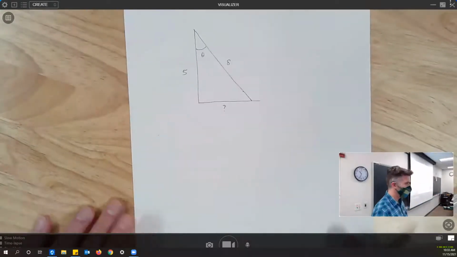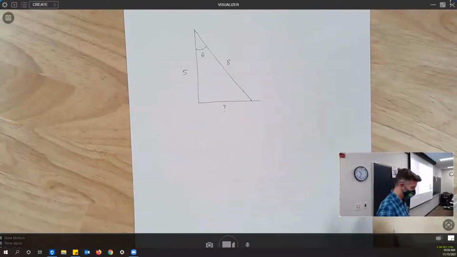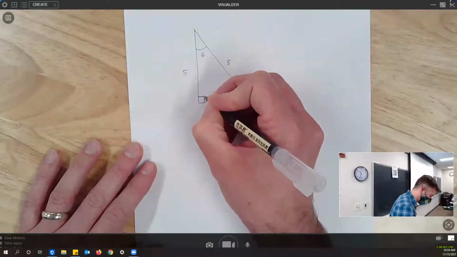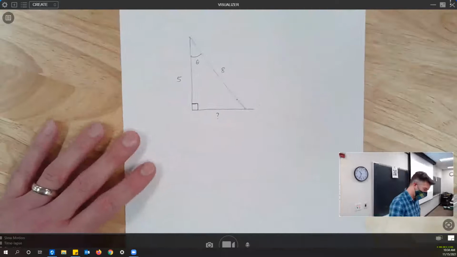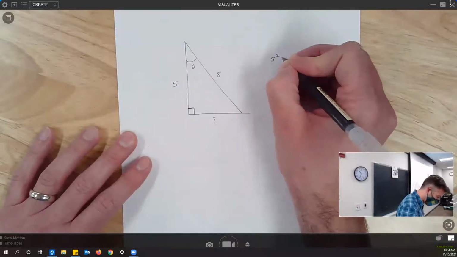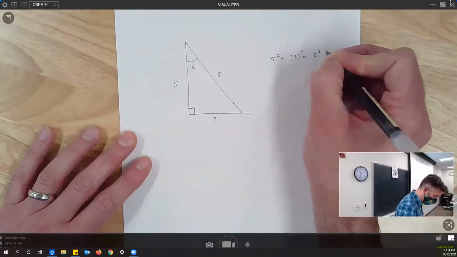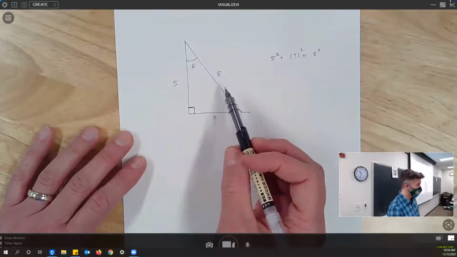We want to find all 6 trig functions of this angle. But before we can do that, we have to find the length of the unknown side. And I should make it clear that this is a right triangle by drawing the little square there. So let's find that third side. 5 squared plus the unknown side squared equals 8 squared, because it's always the hypotenuse that goes by itself in the Pythagorean theorem.